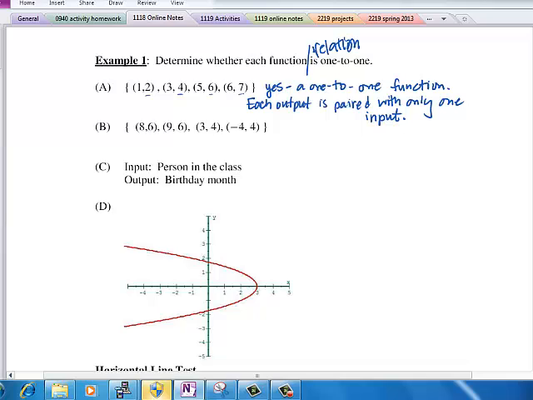The next one, 8 is paired with 6, 9 is paired with 6, 3 is paired with 4, and negative 4 is paired with 4. So we can see two problems. 6 is paired with two inputs, and 4 is paired with two inputs. So this is not a one-to-one function. The outputs 6 and 4 are each paired with multiple inputs.